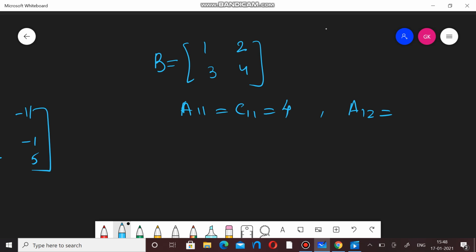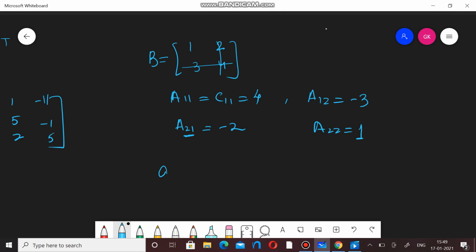A12, hide the first row and the second column. You're getting 3, but you will put an extra negative. A21, I hope you remember, extra negative. So A21 is going to give you minus 2, and A22 is going to give you 1, because you will hide the second row and the second column.